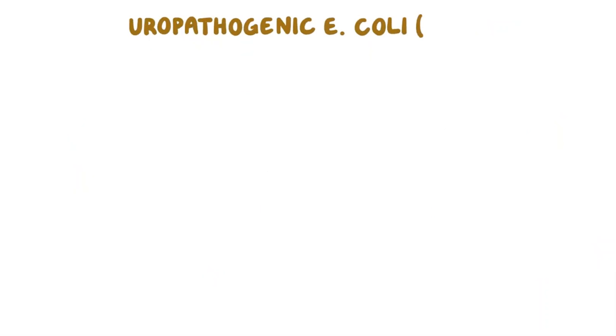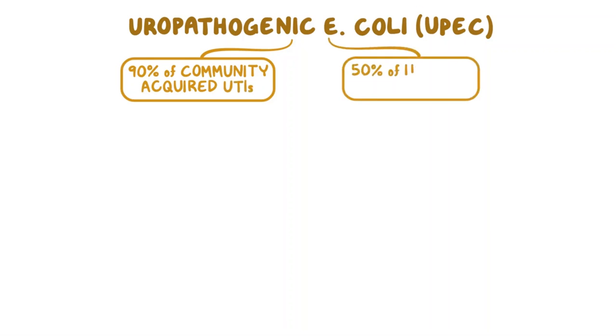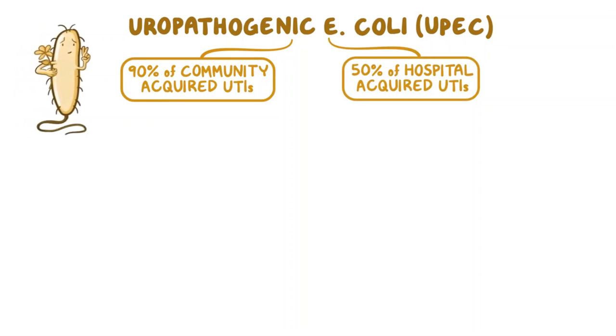And lastly, there's uropathogenic E. coli, or UPEC, that causes about 90% of all community-acquired urinary tract infections, or UTIs, and roughly 50% of hospital-acquired UTIs. UPEC usually live peacefully in the gastrointestinal tract without causing any harm.